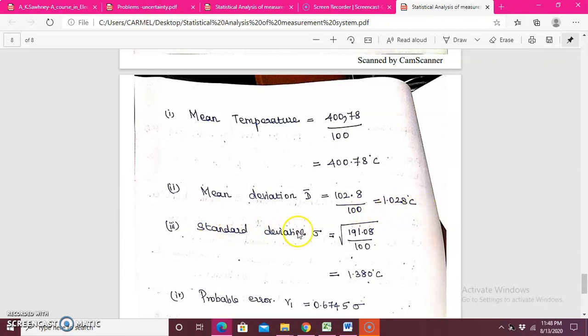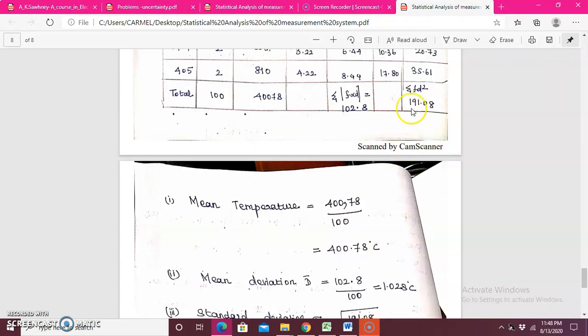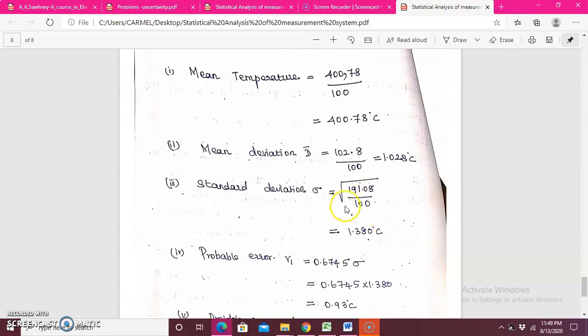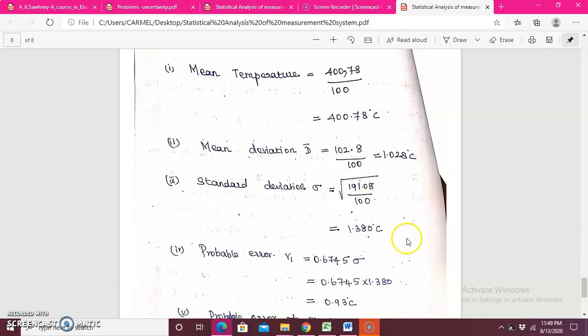Then standard deviation sigma, that is nothing but summation of f into d squared divided by your number of samples. So here the formula used is root of summation d squared divided by n. So you'll have sigma, which is 1.380.